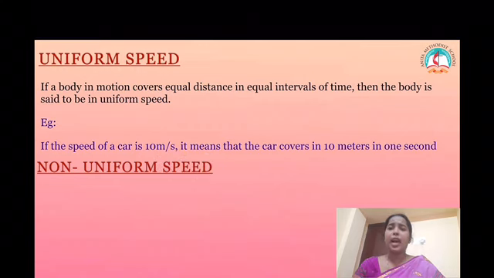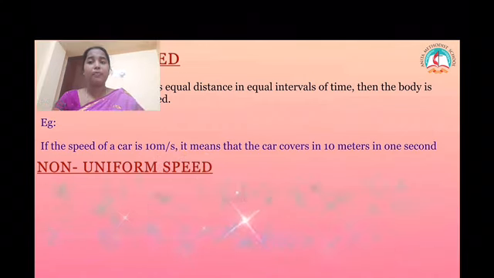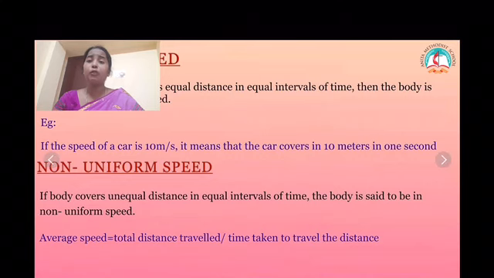Next, we are going to see non-uniform speed. This is opposite to uniform speed. So, what is that? Unequal distance in equal intervals of time. For an example, a lift goes up and down in a building. If you see a lift, it goes up and down in the building, no?